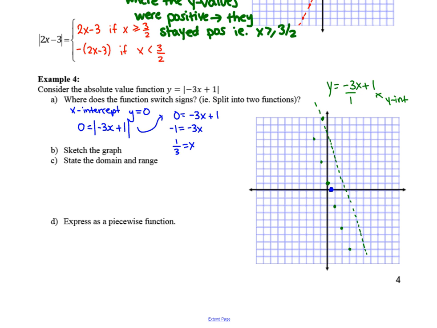So let's get rid of this one. It should be going through our x-intercept, and it wasn't. There we go. Okay, so where is it going to stay the same? Where the y values were positive. So now I'm going to trace over this part all the way to my x-intercept. That part stays the same. Those had positive y values.